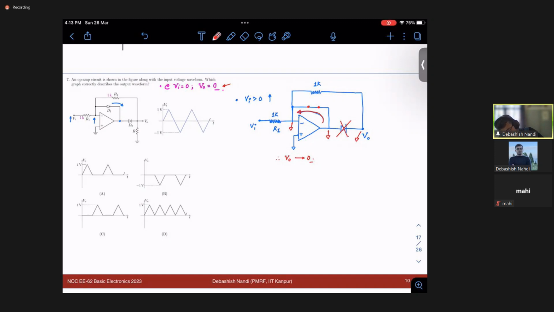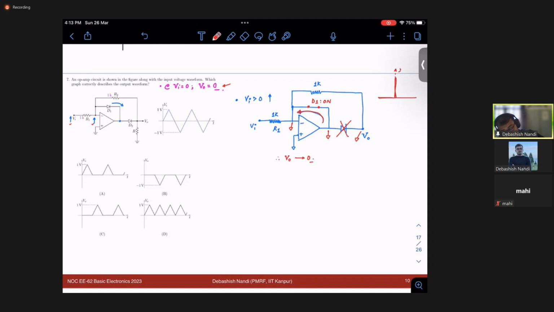As I am increasing here, it tries to increase here. If this potential is trying to increase, this D1 will be on, and if I am assuming it to be an ideal diode, there is no drop across it, because the ideal diode characteristic is just this.